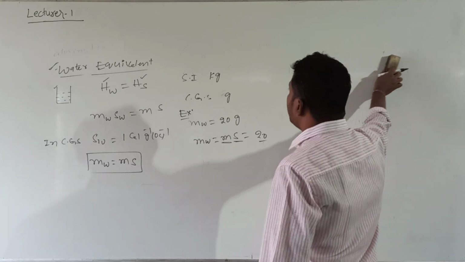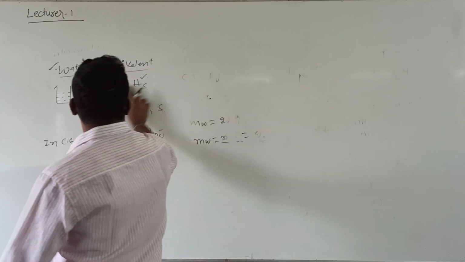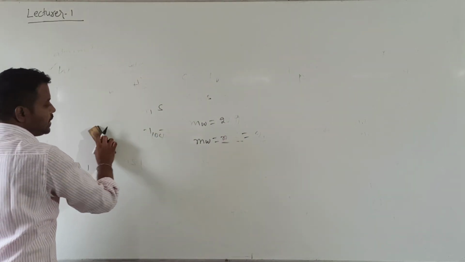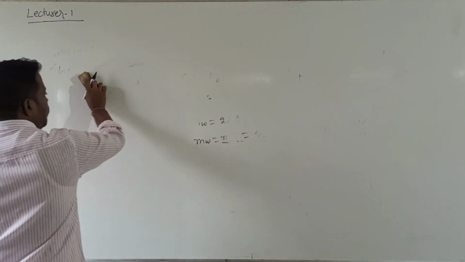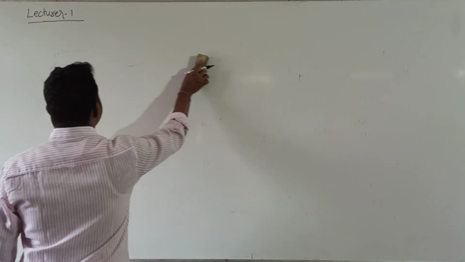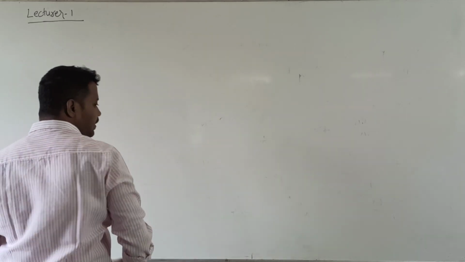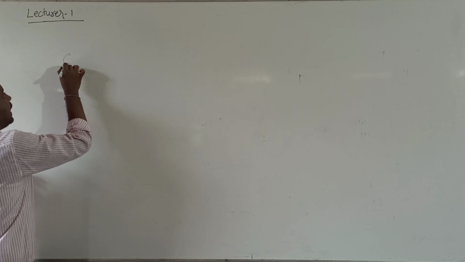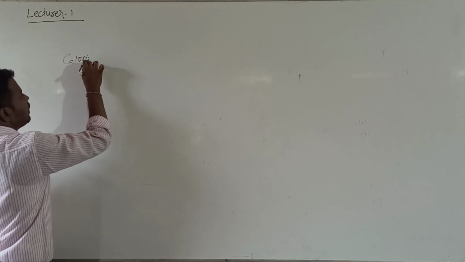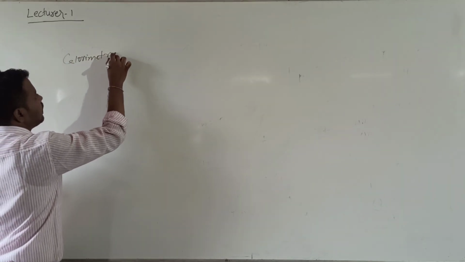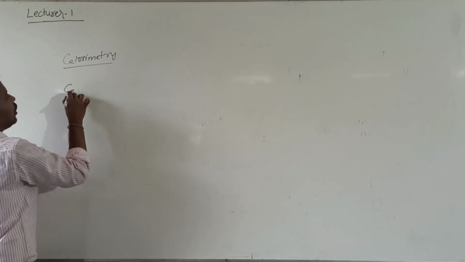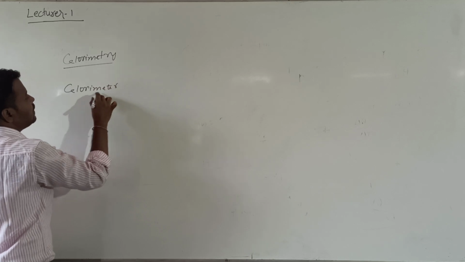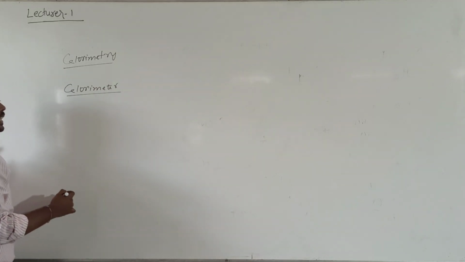After completion of the water equivalent, next we will discuss the principle of the method of mixtures. We know that calorimetry deals with the measurement of heat. Just now we discussed calorimetry deals with the measurement of heat, whereas a calorimeter is a device which is used to measure heat.